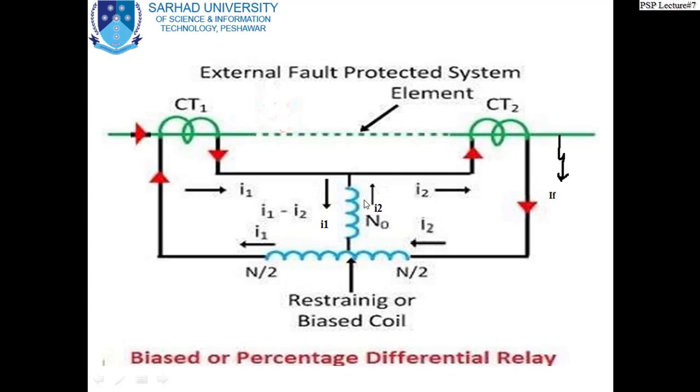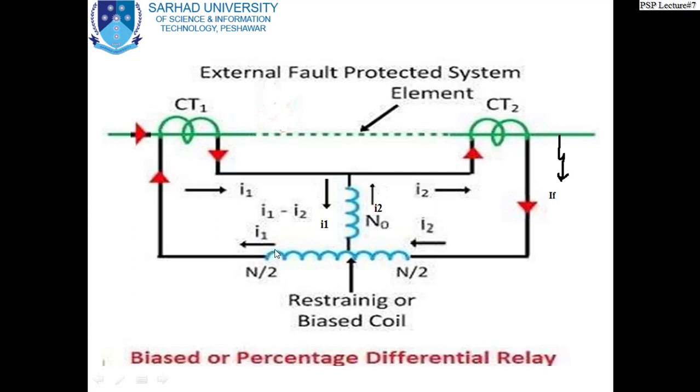So now see here for an external fault. This is your external fault, right? And this is your incoming CT, whose output is I1, and this is your outgoing CT, and IF or I2 is the current. In the restraining coil in this part we have I2 current, and in this part we have I1 current, and you have seen that both these currents in the restraining coil have the same direction.